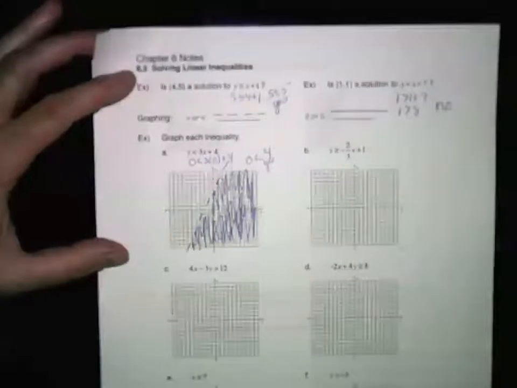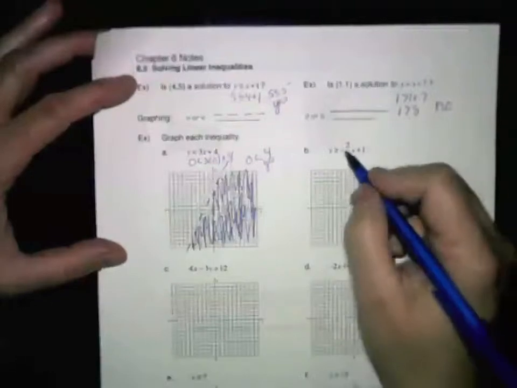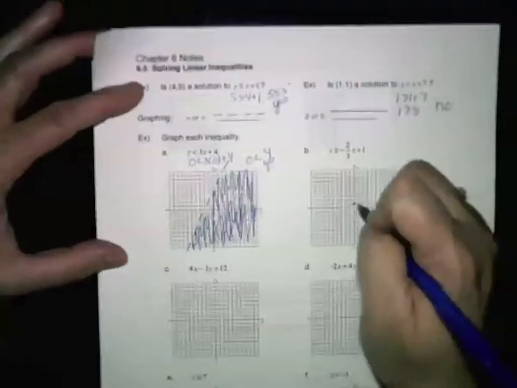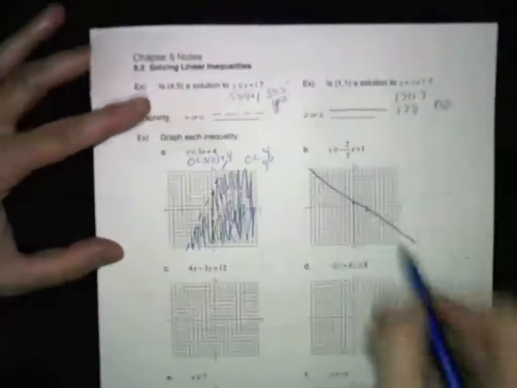Letter B, y is greater than or equal to negative 2/3 x plus 1. So we're going to go to the plus 1 and then a down 2, 3 to the right. We're going to have a solid line.